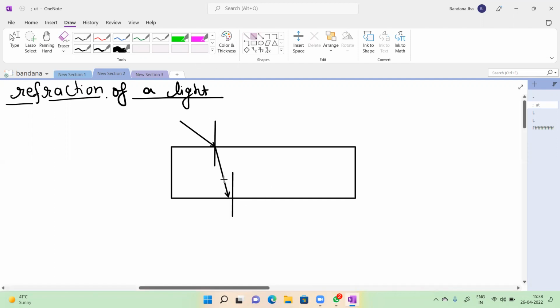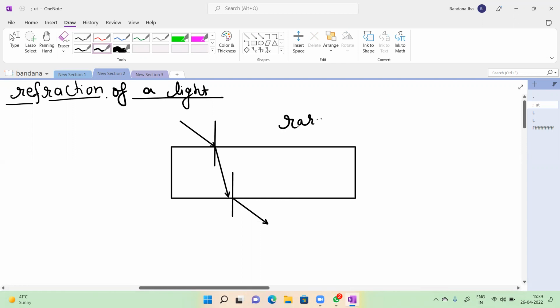When a ray of light comes from a denser to a rarer medium, it will move away from the normal. Now, what does it mean? Denser to rarer medium. Now, what do you mean by this?